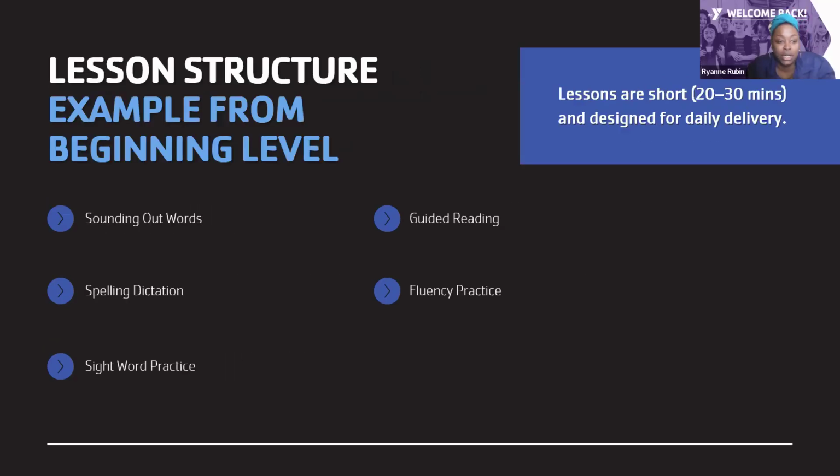Lesson structure. This is an example for beginning. It may look a little different based on which level you hit. But generally there's some type of sounding out words or decoding. There's spelling dictation, I believe, in every level. Sight word practice or sight syllable practice, depending on what level you're at.